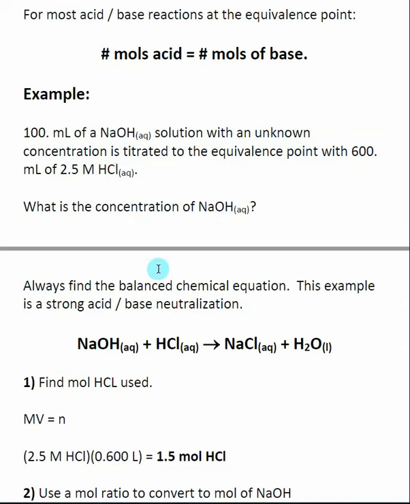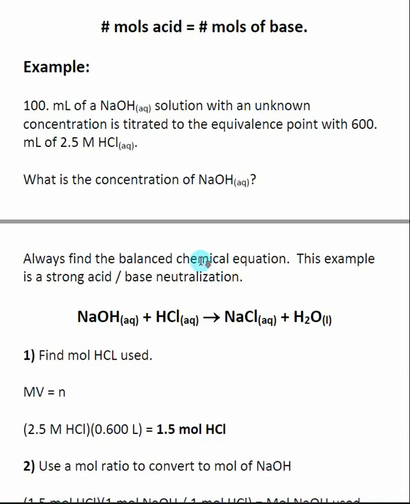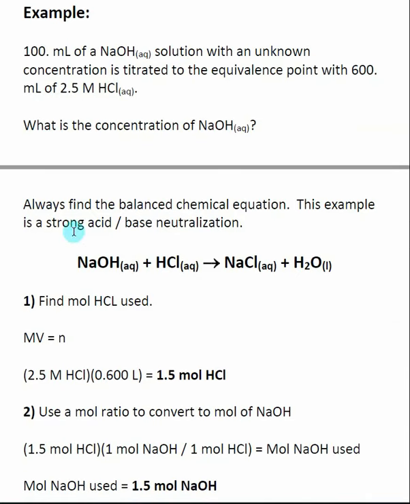It's really important that you take a second and look at the reaction that is going on, because sometimes there could be stoichiometry involved, and we'll see that in the next example. So when you do a titration, you always want to have the balanced reaction of what's going on, because that might come into play during your calculations.